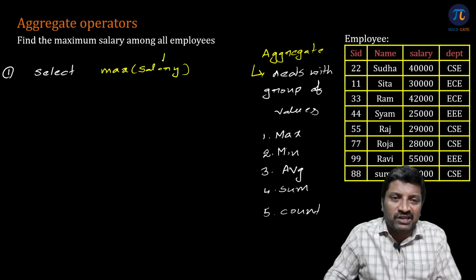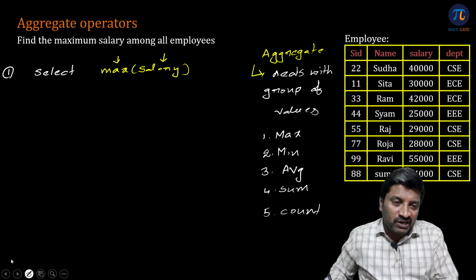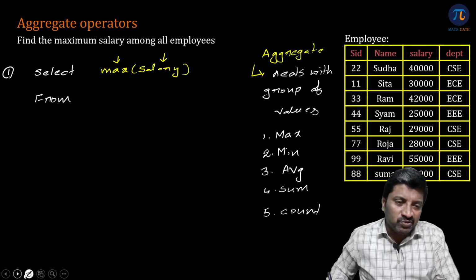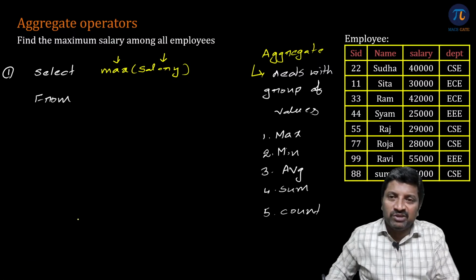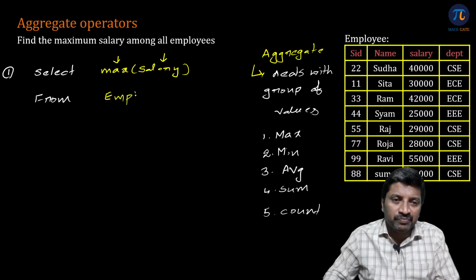So for the salary column, you want to find the maximum of those numbers. And this I need to do from the table. What is the table name? Here we are assuming the table name is employee.